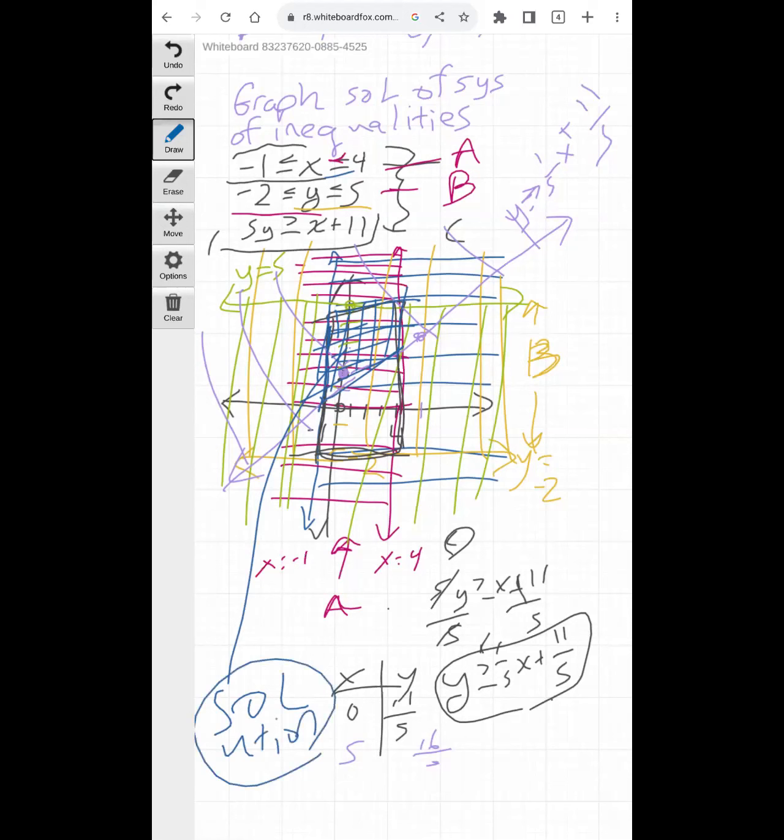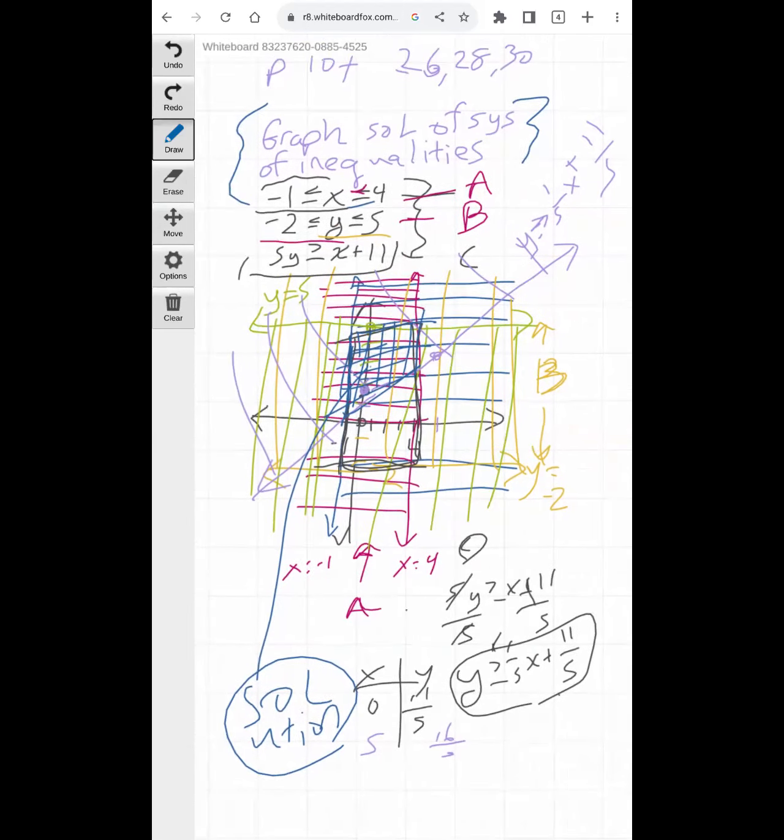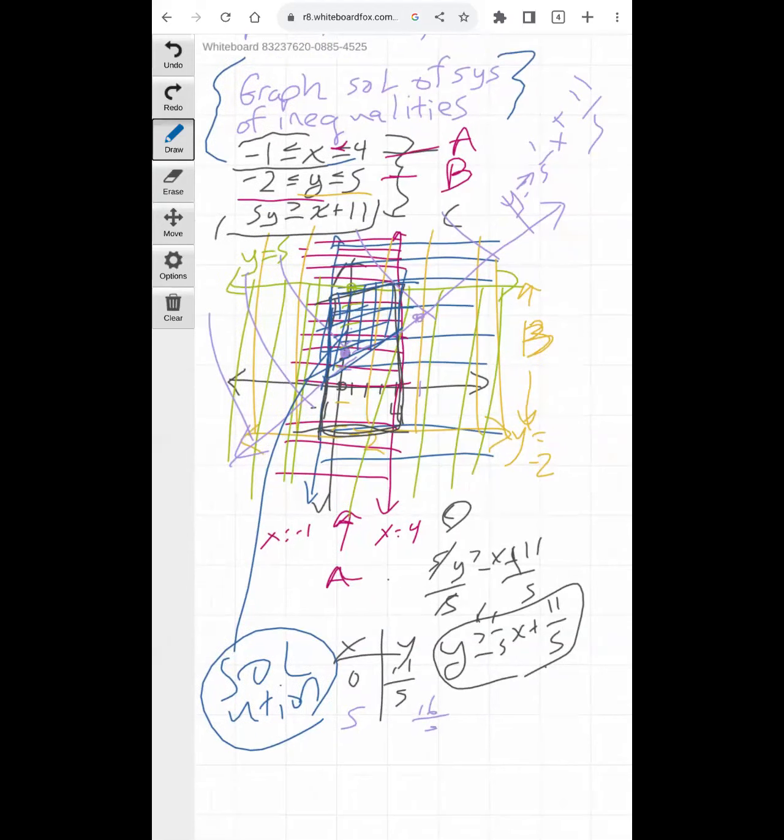When the instructions ask you to graph, they want you to draw something like this when it's done by hand. Graphing calculators and computers make this neater, but when they ask you to do things by hand, this is what they want to see.